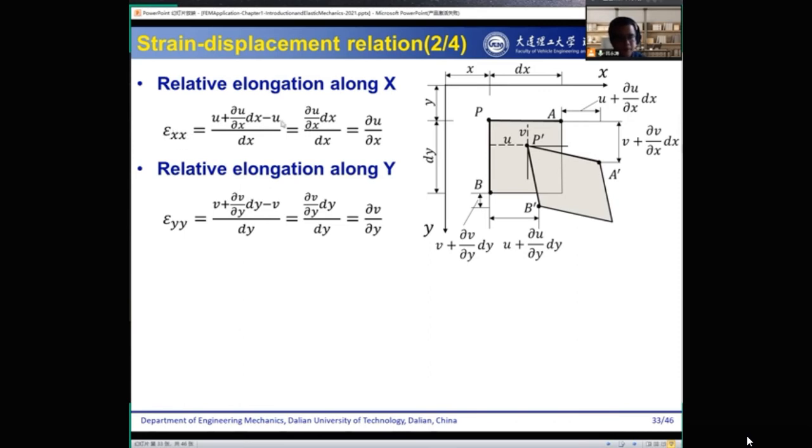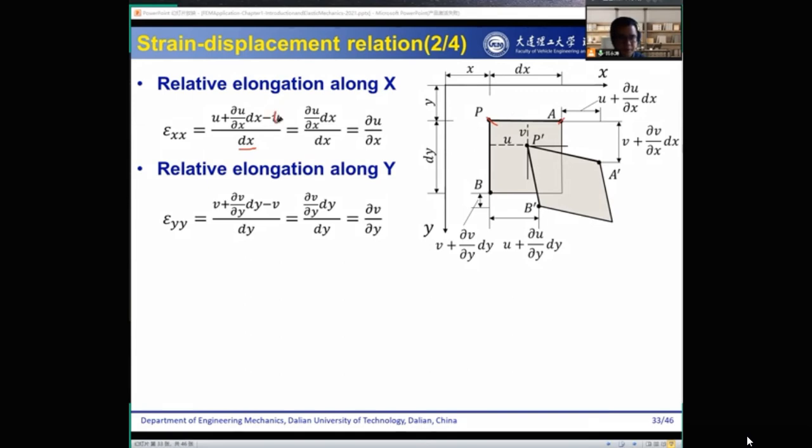So then it's the change in the length divided by the initial length. Okay, the initial length of PA is dx. Okay, then one step is skipped here.